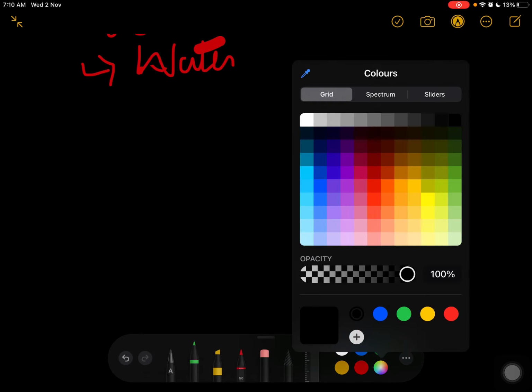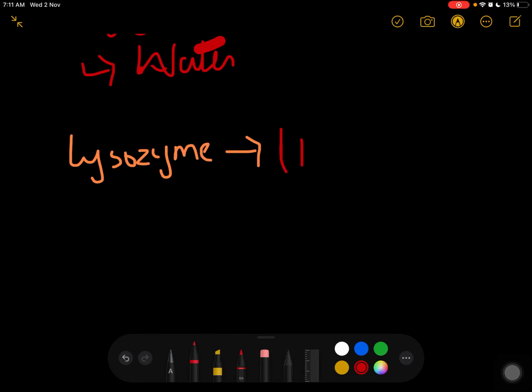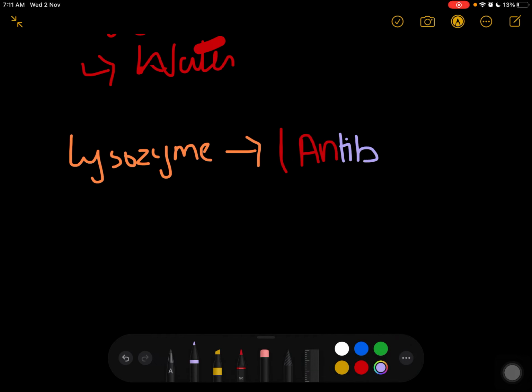Okay, basically there is another enzyme known as lysozyme, which is responsible for antibacterial activity.